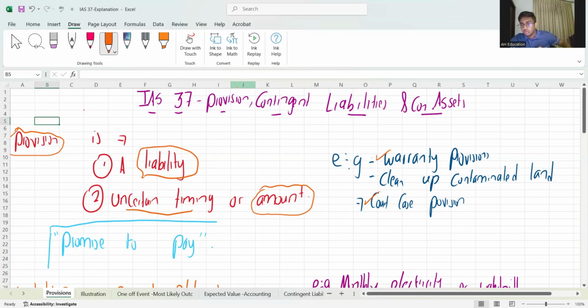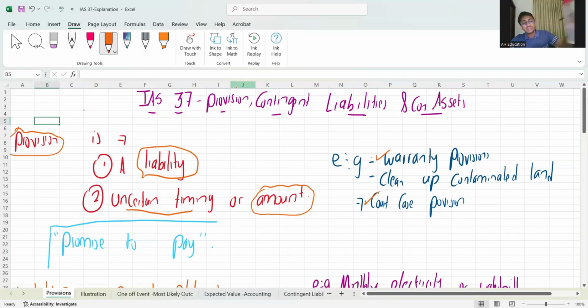Any business, when selling, will give customers warranties. Now, can you exactly tell me when the customer will come? Sometimes he might come within 2 years, sometimes immediately. It depends on the level of damage. And number two, we do not know how much amount we need to pay. Sometimes there might be minor damage or major damage. It depends from customer to customer.